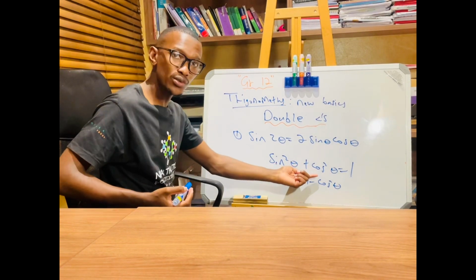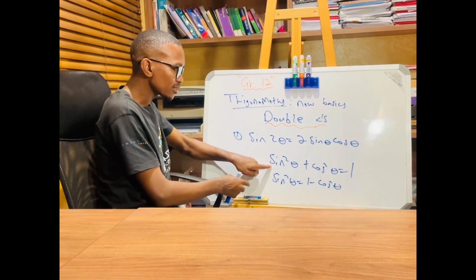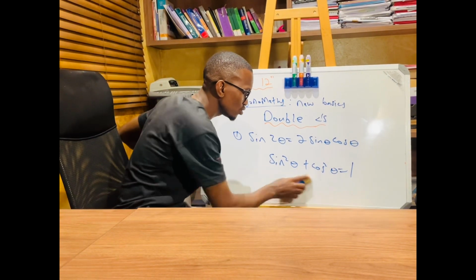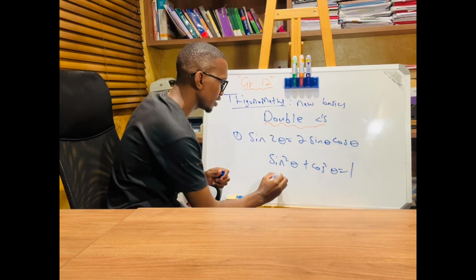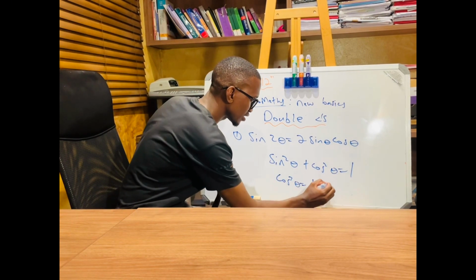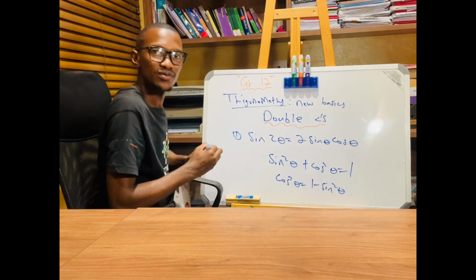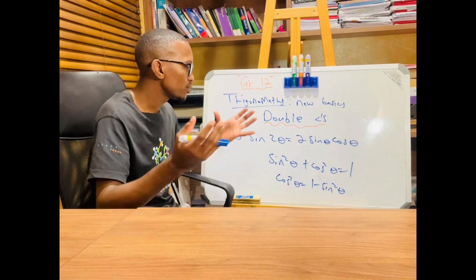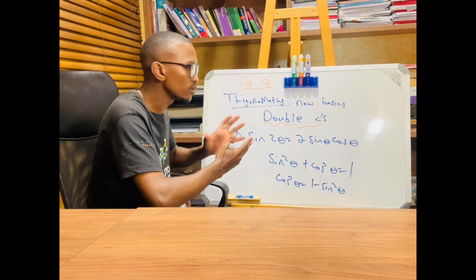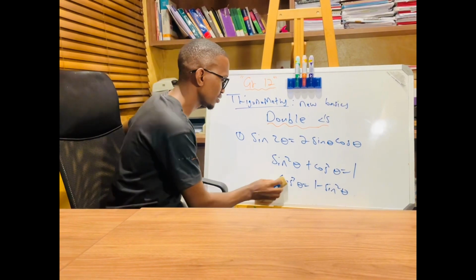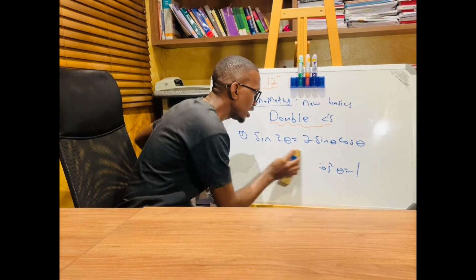If I want to know cos squared theta, what must I do? I'm gonna take this one to the other side. Let me just erase it so that you guys can see. Then cos squared theta equals 1 minus sine squared theta. There you go. So these are the square identities you did, and you're still gonna apply them, guys. So make sure you still memorize those things. All right. Now let's move on.